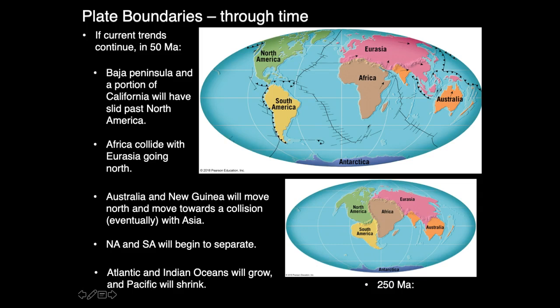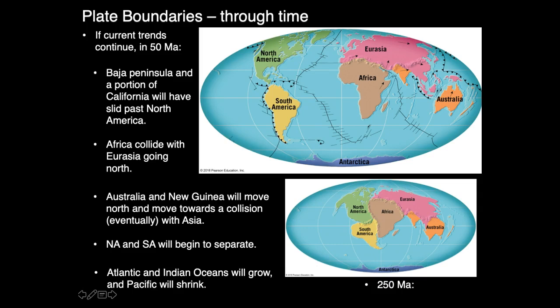It might not have collided by 50 million years from now, but it's going to move further up north and be much closer to what it is right now. Also, North America and South America will begin to separate from each other, and the Atlantic and Indian Oceans will grow, and the Pacific Ocean will shrink.